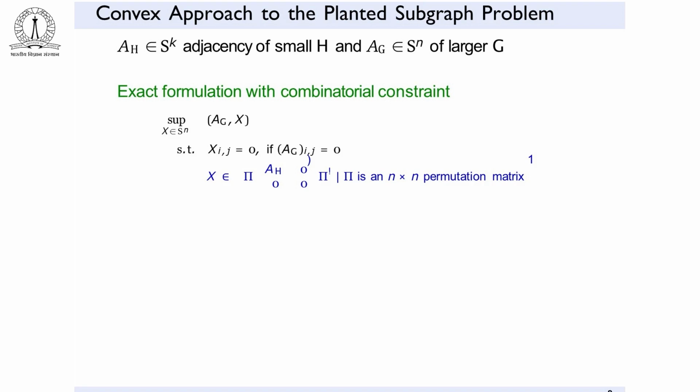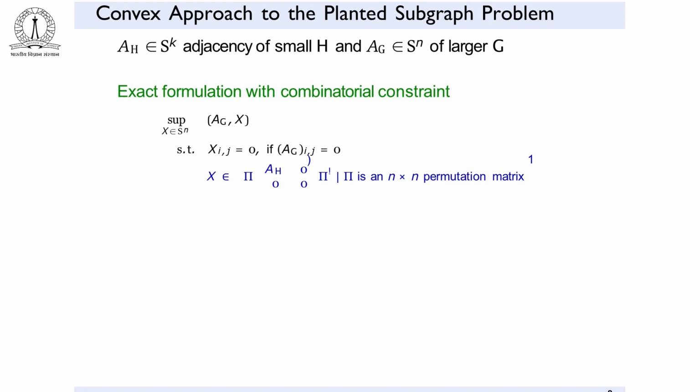Right? Okay, so let's try and develop a convex solution method for planted subgraph and see where we hit our first stumbling block. Okay? So again, planted subgraph is you have a small graph inside a big graph, and you want to figure out where the small graph is in that big graph. So the small graph I'm going to call H. It's a graph on k nodes, and I'm going to represent this graph using a k by k symmetric matrix.